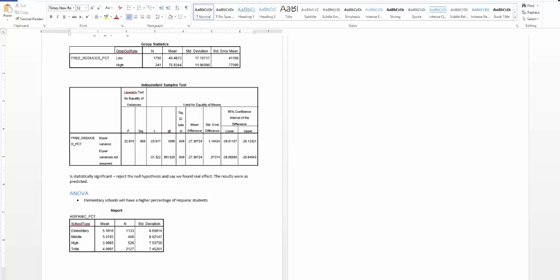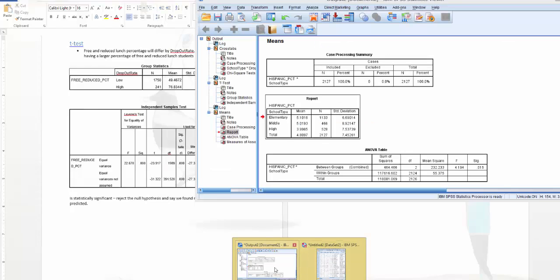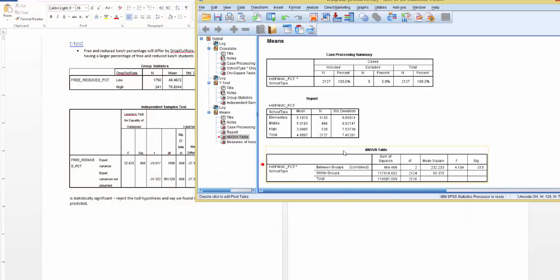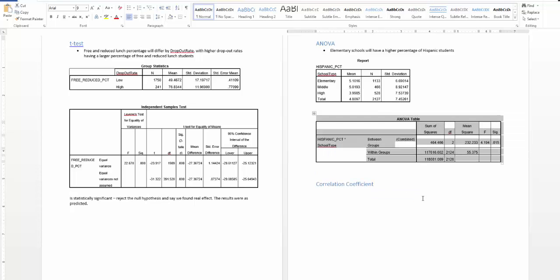So looking at our results, and let's put this on a separate page. Looking at our statistical significance, again, now we're going to look at our ANOVA table. Again, we'll auto-fit it so we can see everything. When students have tables hang over the edge, it makes it really hard to read.